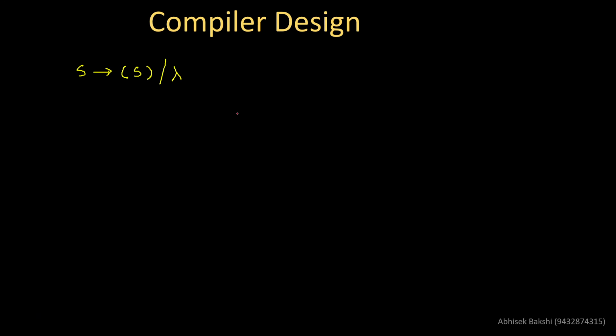Right. So what will the table look like? I have S here, and we have opening brace here, closing brace here, and then obviously I have to have a dollar.